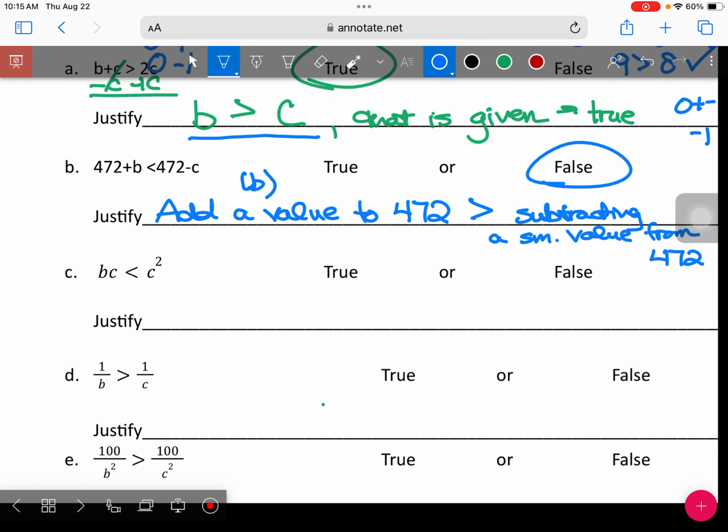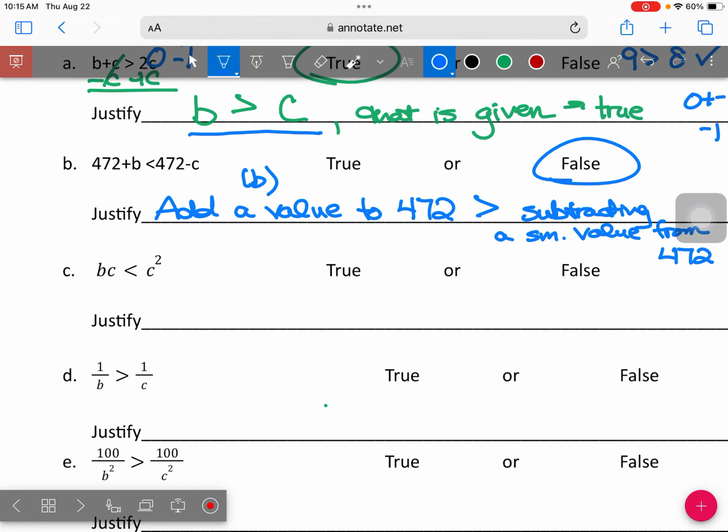Let me show you something, because I brought this up to Bieshke. I was like, that doesn't work for all numbers. Let's say I let B be equal to 1, and let C be equal to a negative 2. And this is why I say you need to use some positives and negatives.